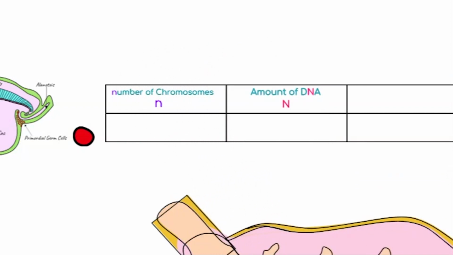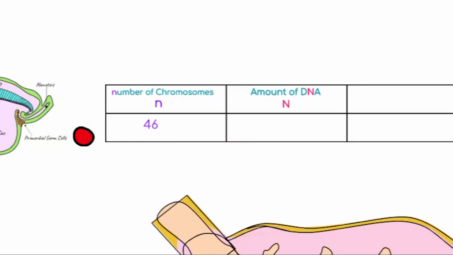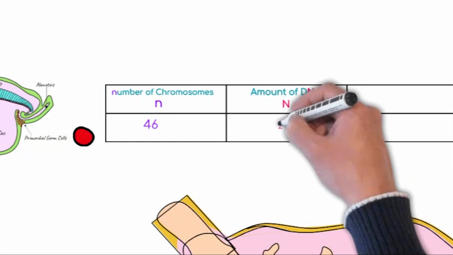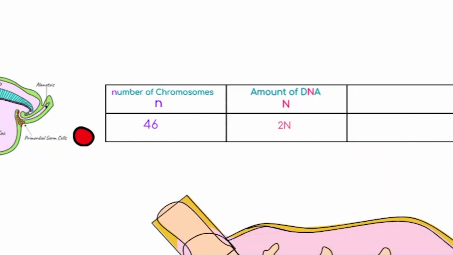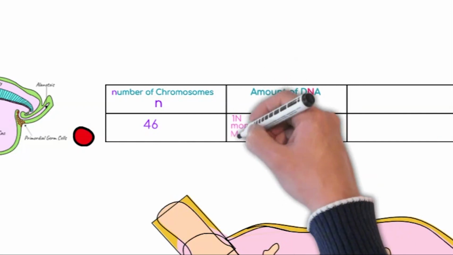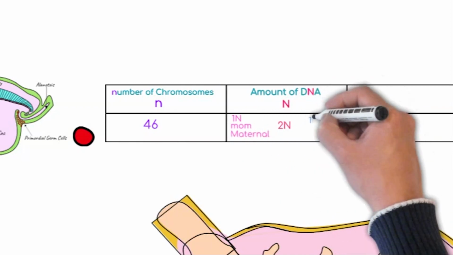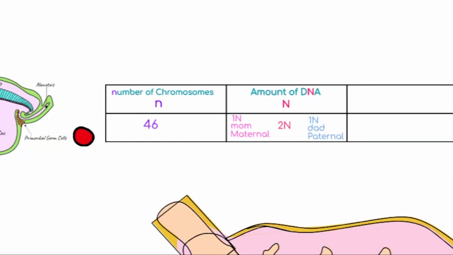In your cells at that point, you have 46 chromosomes. You remember that? Okay. 46 chromosomes, so that is the number of chromosomes. And then the amount of DNA, big N, is 2N, because you get one big N from your mom, one big N from your dad, and that gives us 2 capital N designation.